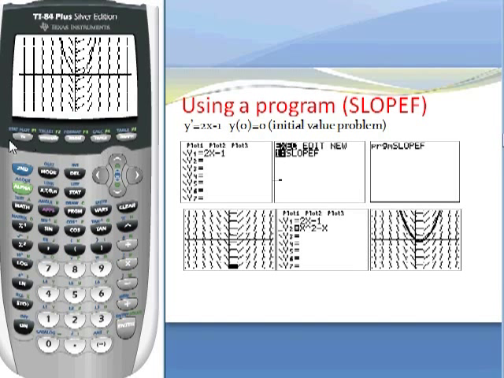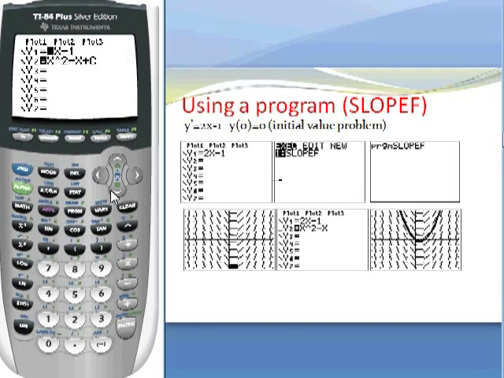Do you see it? Let's make it a little bit thicker. To make your graph thicker, you go all the way to the left and hit enter. And let's graph it now. Alright, to see the slope fields in there, you just have to run your program.